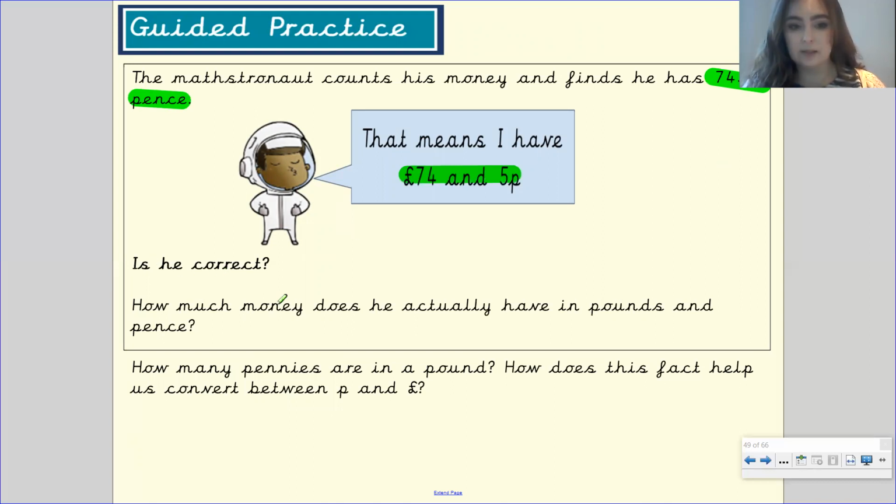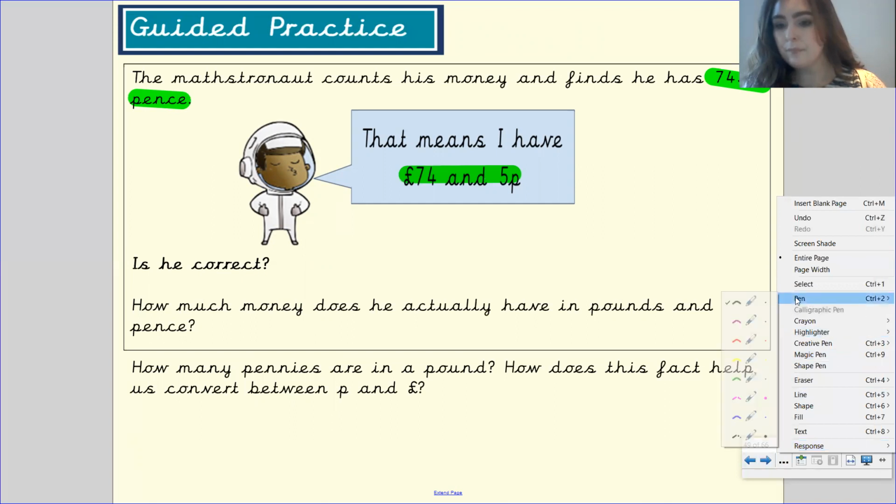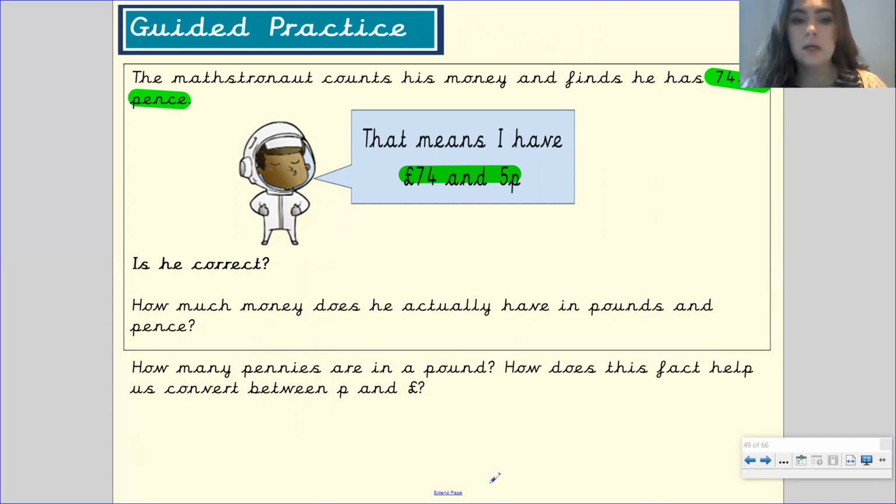Is he correct? So let's work through this one together. The astronaut is not correct. He does not have 74 pounds because we need to use our knowledge of knowing that 100 pence equals £1.